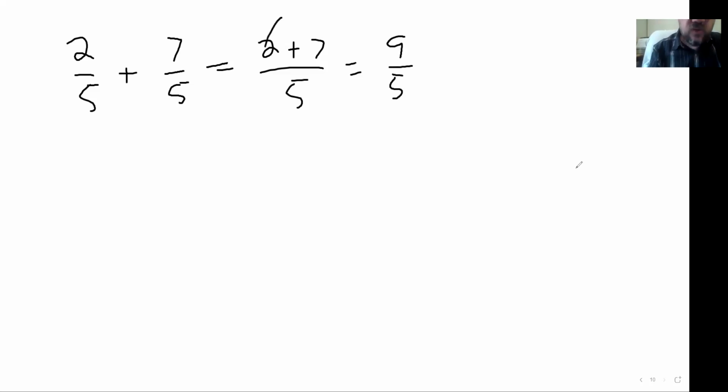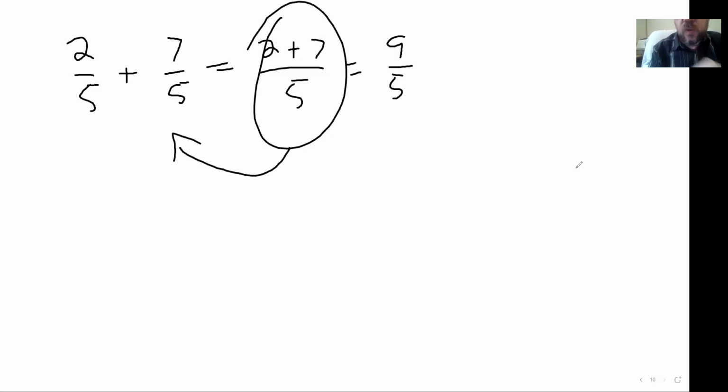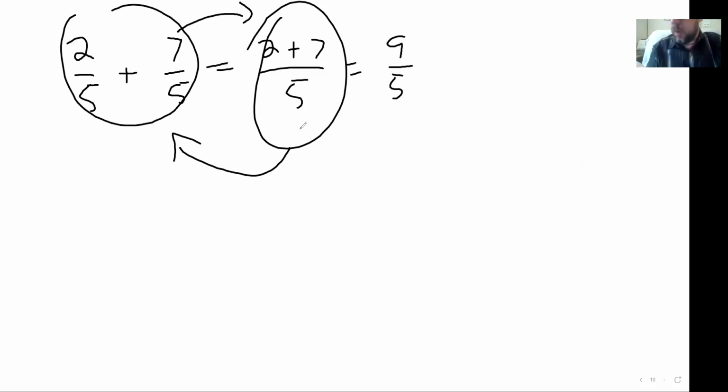We're actually in this situation right now in the previous problem. I don't want to write it like this. I want to write it like that. So I'm going to take my two things that are being added over one denominator and split them up into two separate things over the same denominator, right? Normally we would start here and then we would go there, which is the normal thing to do, but it's totally legal to go backwards.